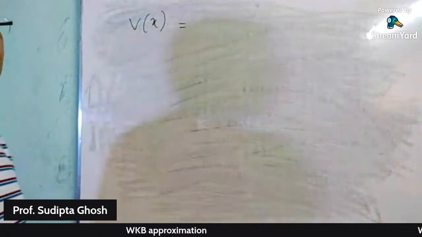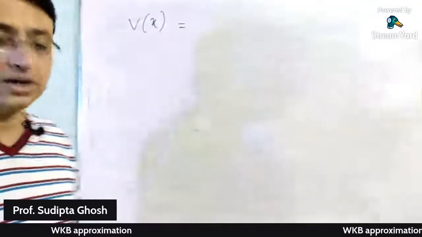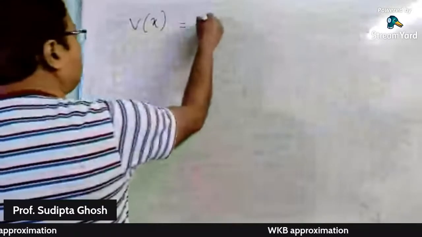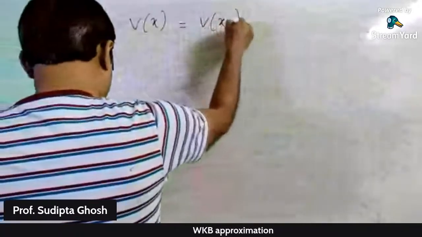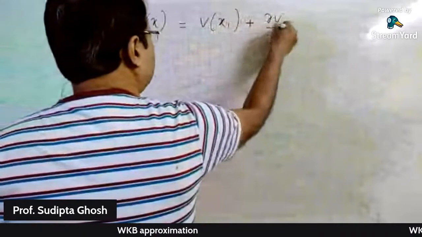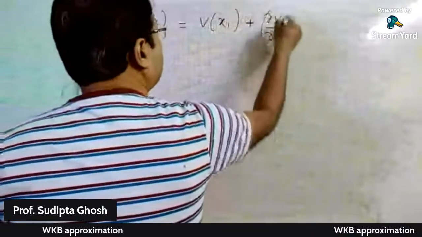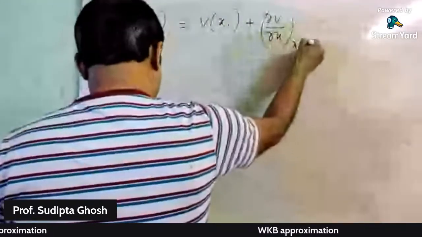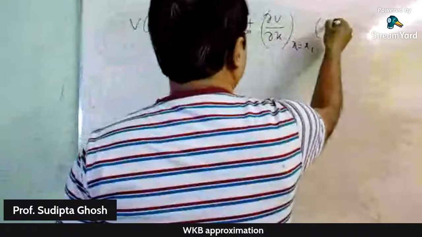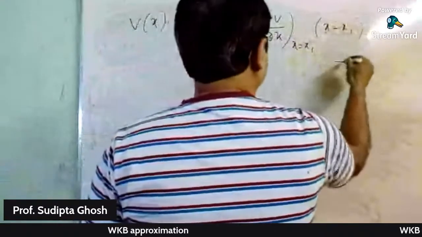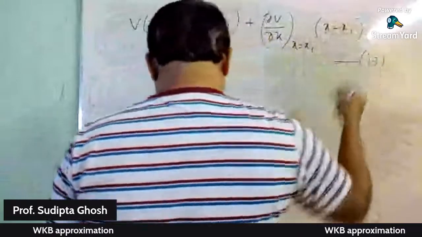Here also we are neglecting the higher order terms, that is V(x) can be written as V(x1) plus del V by del x at x equals x1 into (x minus x1). Let it be equation 17.